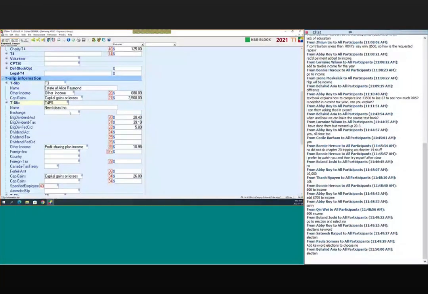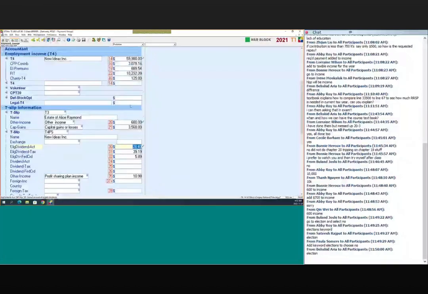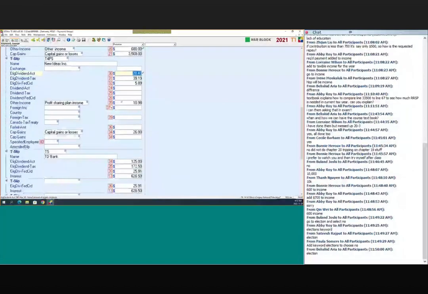So the profit sharing, we see that we have dividend income eligible, and we should really be doing this too, double checking them. The first income box of each slip should be tick marked that we double checked it. So in this case for profit sharing, we have our dividend, we have profit sharing income in box 35, and we have box 34.